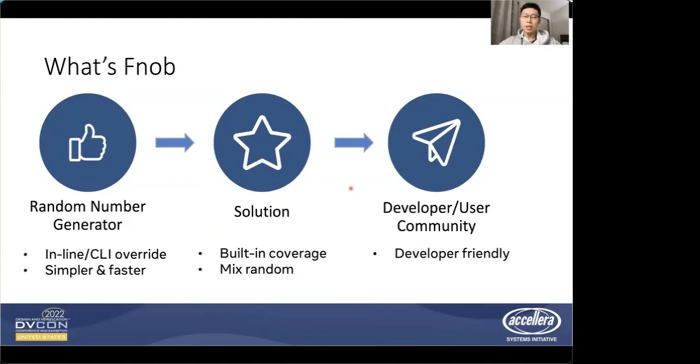Beyond that, we cannot foresee all the different types of customized random in the world. So Fnob is architected in a very developer-friendly way, making it very easy for the user and the developer to add new random types to Fnob and make it even more scalable.